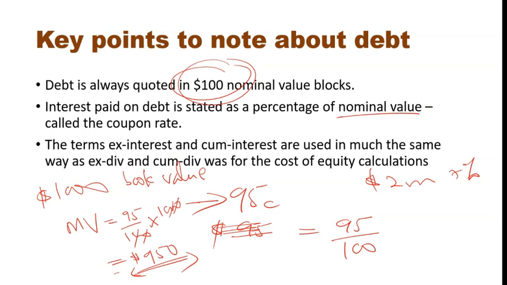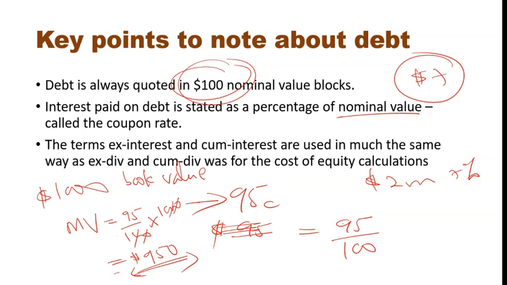Okay, you would base this on the $100 nominal. So in this case, it will be $7 per bond. The interest payment will be $7. All right.